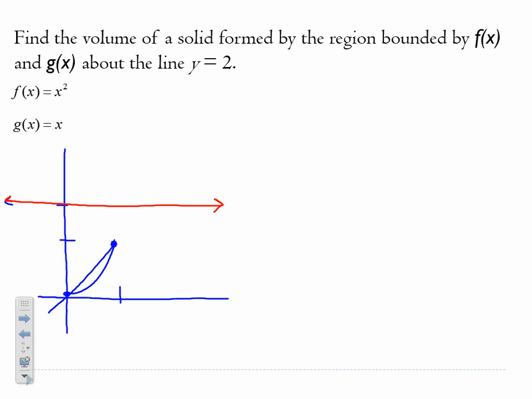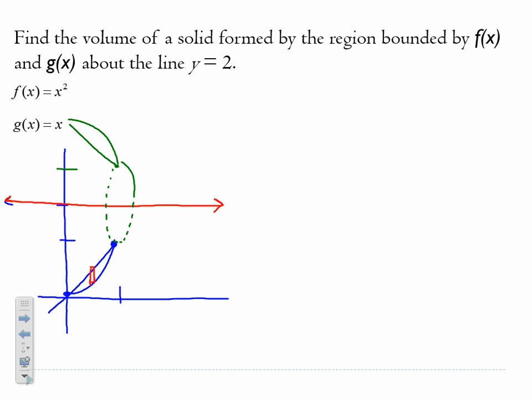So I'm just going to draw it really lightly in green here. So we get this picture, right? It's going to be kind of a bowl with a slant inside. All right. So I'm going to draw in my rectangle here.